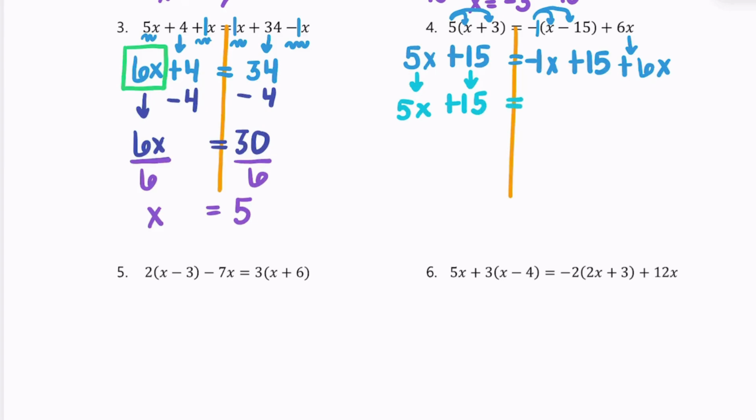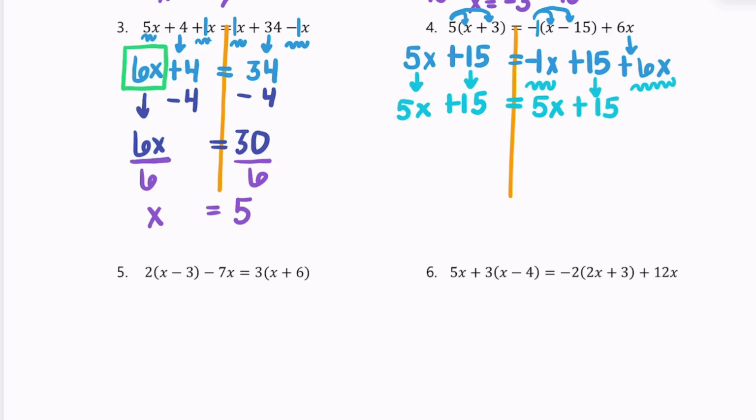Do we have any like terms that we can combine before we move things left and right? And the answer is yes. We have negative 1x plus 6x. Same side, simplify. Negative 1 plus 6 will give us 5x. And then we're going to bring down that plus 15.